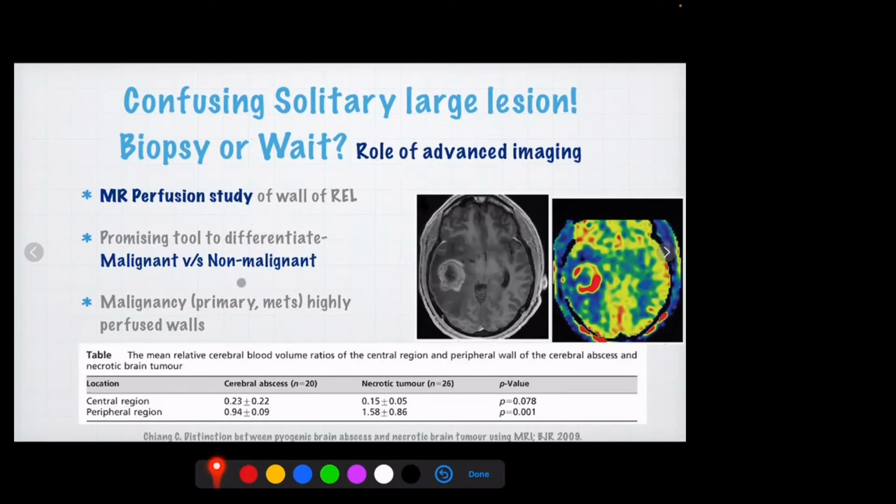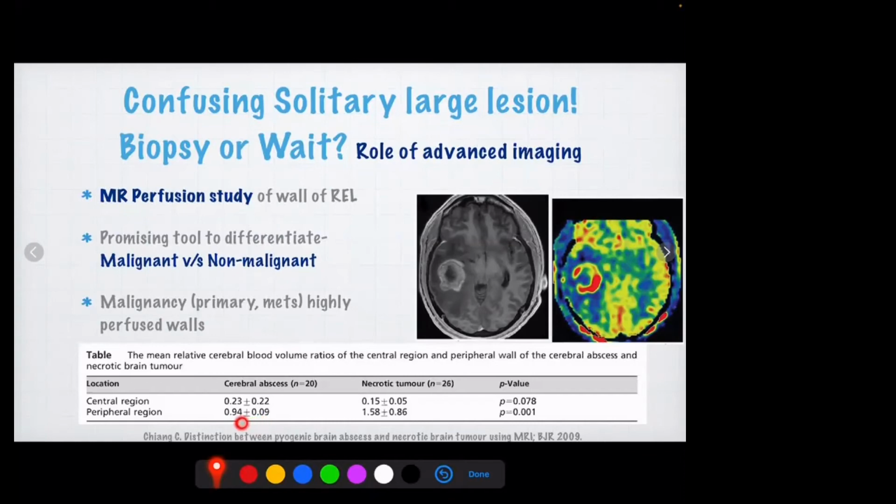I came across several studies which reliably differentiate the relative cerebral blood flow, RCBF, relative because it's compared with the corresponding part of the opposite hemisphere. So it is relative to his or her own brain, with the corresponding normal side.